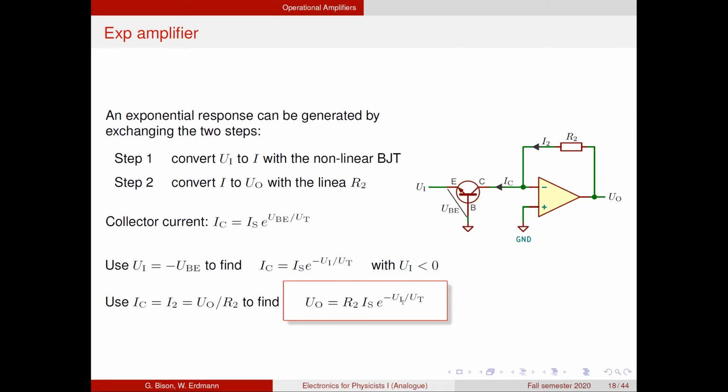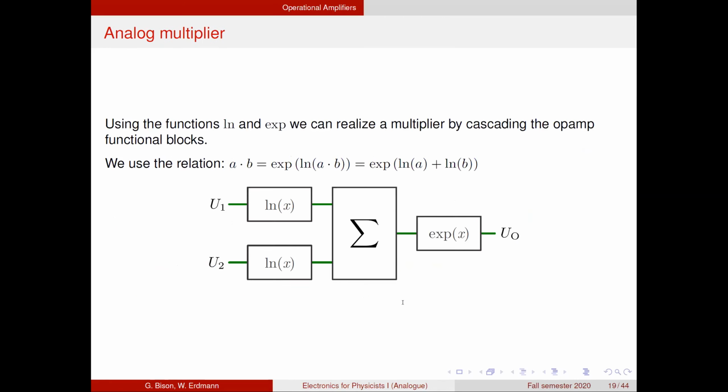Okay, and because this is an inverting amplifier, we have to take care of the minus signs. But as I said, this can always be corrected by adding one more inverting amplifier in the chain of amplifiers. Okay, really useful are these exponential and logarithm amplifiers in order to generate an analog multiplier, which is otherwise difficult to realize.